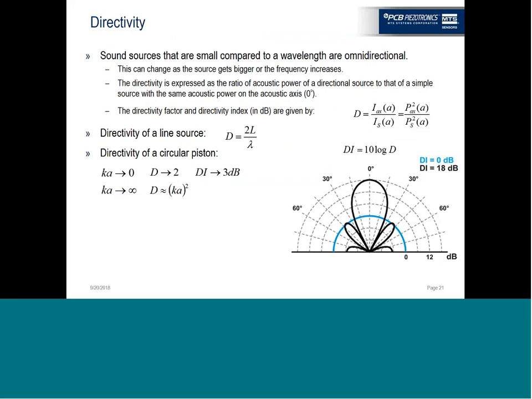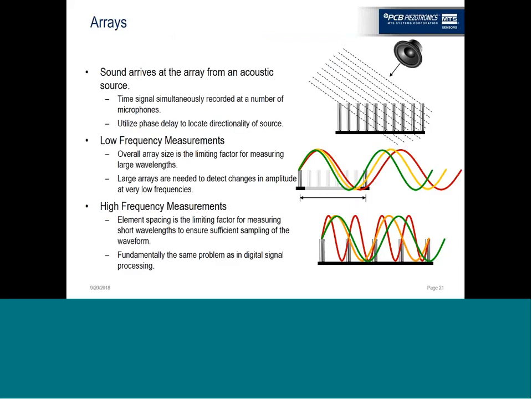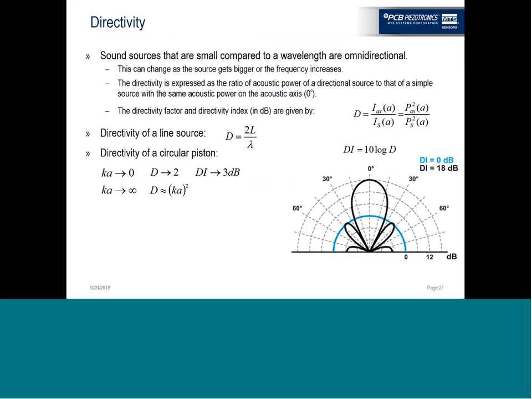So let's say you know exactly what your sound source is, and what you want to do is say, all right, if I rotate the sound source in a particular direction, does it make more or less noise? And so what you can do is take measurements in various degrees around your sound source to determine what the directivity factor is.